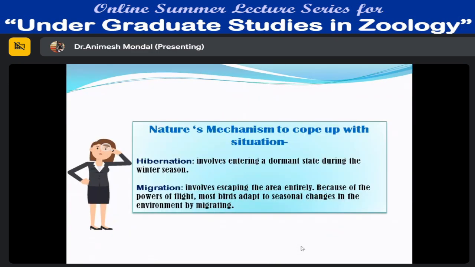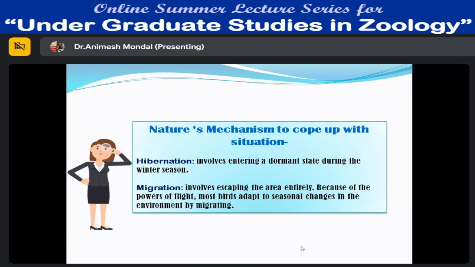Now, the next question that can come to your mind is: why do birds migrate? One blunt answer is to cope with certain situations. Now, what are nature's other mechanisms to cope with an adverse situation? One way is that if an animal decides that it will not move from this particular inhospitable place, then it can go through hibernation, which involves entering a dormant state during the wintering season.